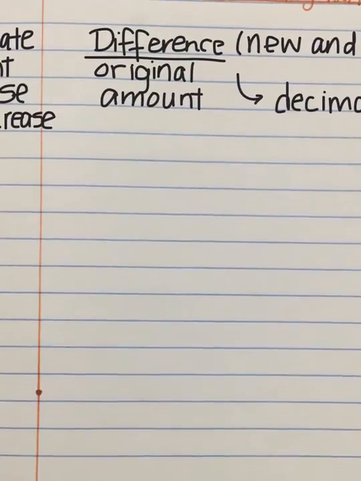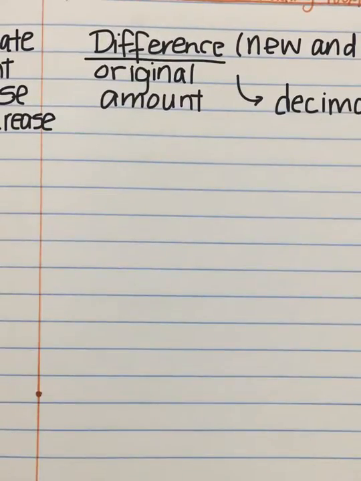All right, so let's look at an example of a percent increase. Let's say there's an item and you saw it originally priced, so the original price was $50.